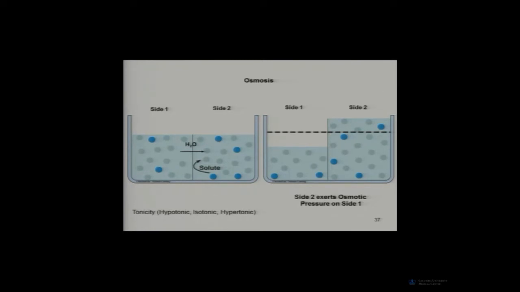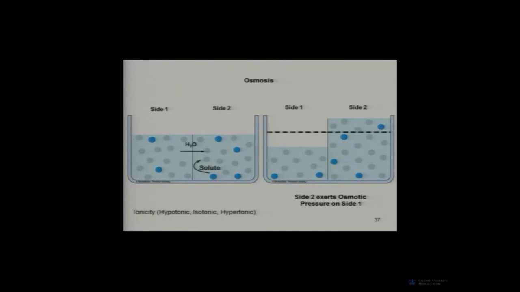That make sense? So when we talk about osmotic pressure, these solutes on side 2, they exert an osmotic pressure. And osmotic pressures are pulling pressures. They pull water towards them.